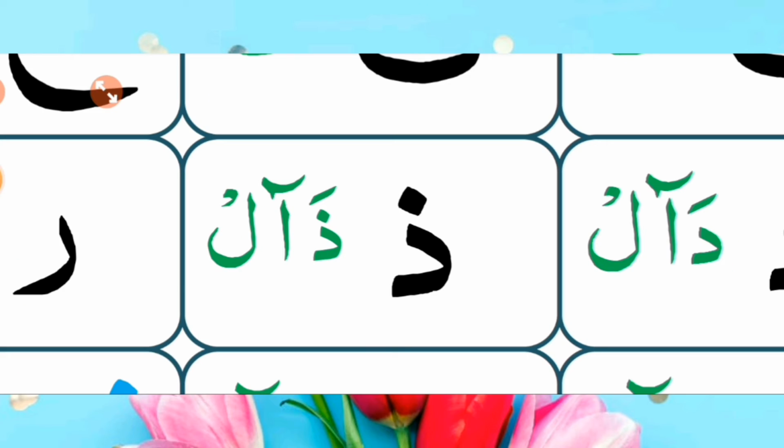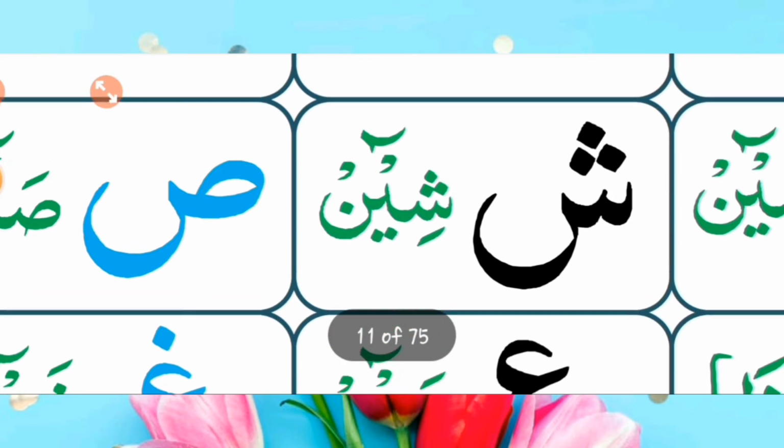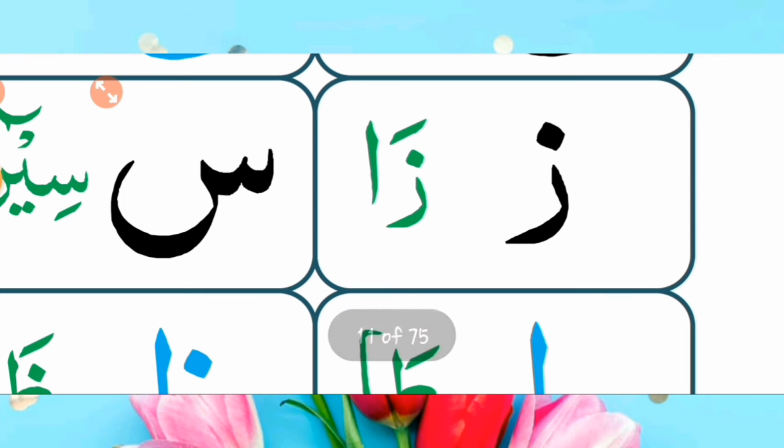Next letter is Zal, Ra, Za. You know, we produce a whistle-like sound. Za.